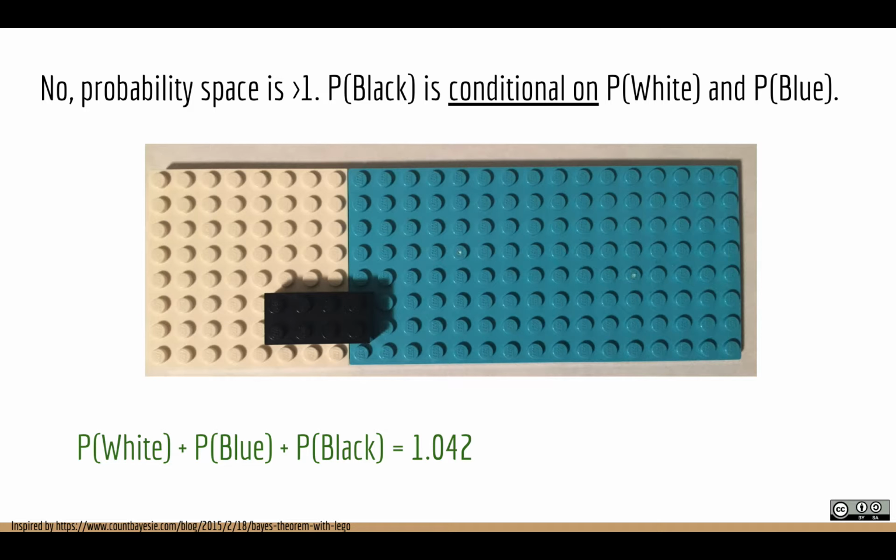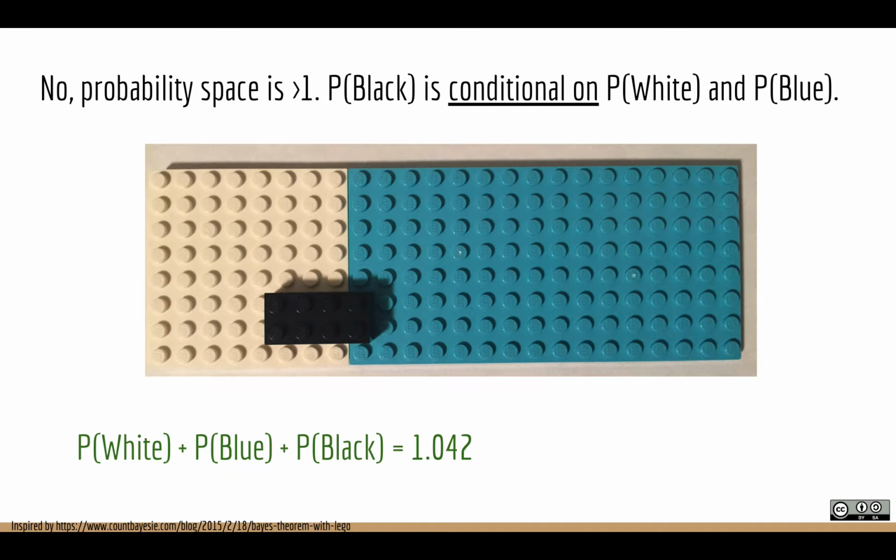Yeah, so I think what I like about this analogy, though it has some flaws, is that this block is connected. It's fused to white and blue. So it establishes that direct connection. Landing on black really means that underneath, you've also landed on white or blue.